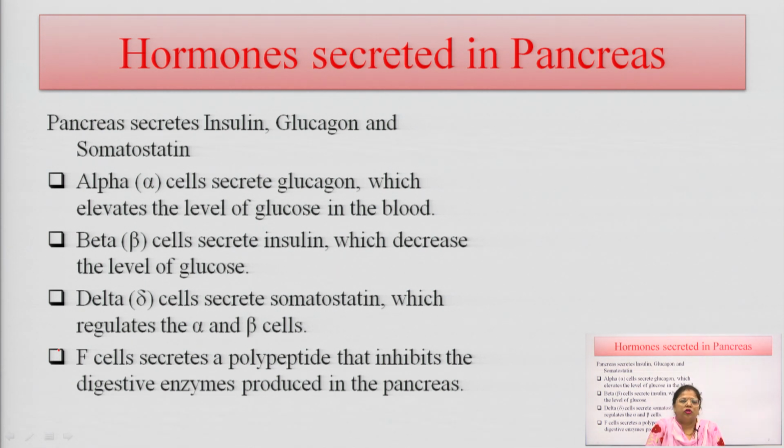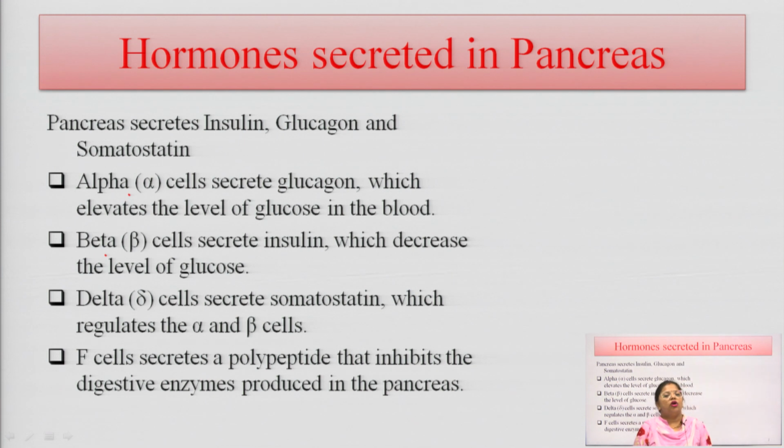Pancreas is basically responsible for controlling this blood glucose level, and the alpha cells of the pancreas secrete glucagon, which basically elevates the level of glucose in the blood, and beta cells of the pancreas are helpful in secreting insulin, which decreases the level of glucose in the blood, and the delta cells of the pancreas secrete somatostatin, which can control both these alpha and beta cells.